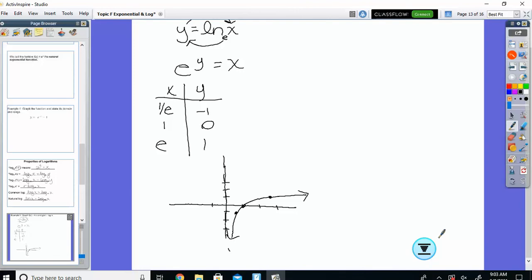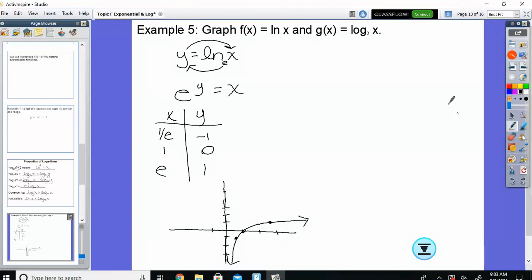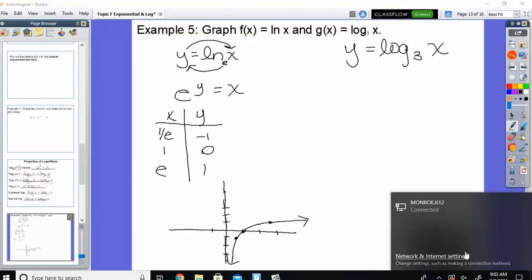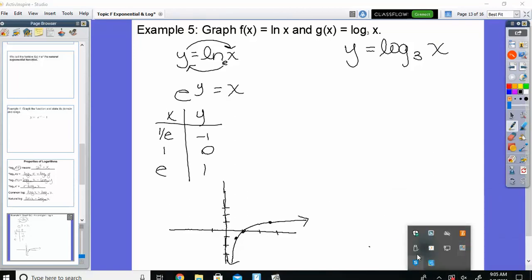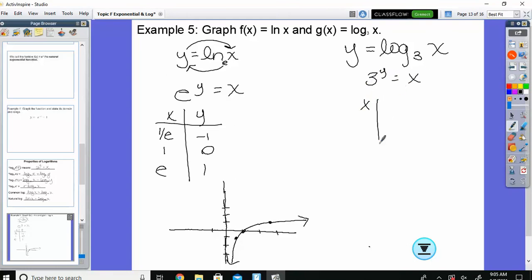So I want you guys to sketch a graph of the second one. I want you to graph g of x, that's like y, equals log base 3 of x. 3 to the y equals x.